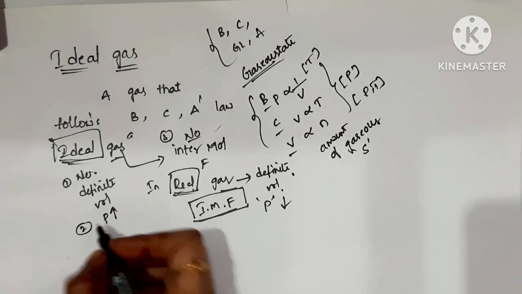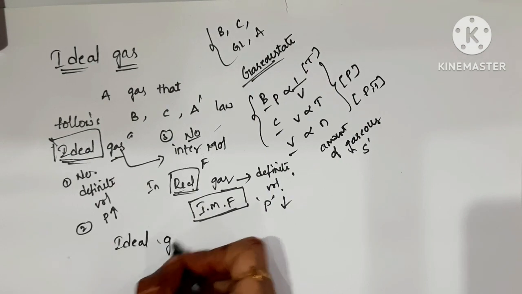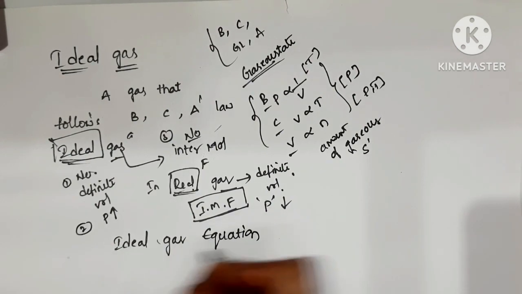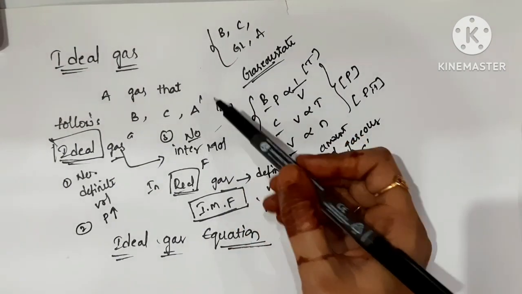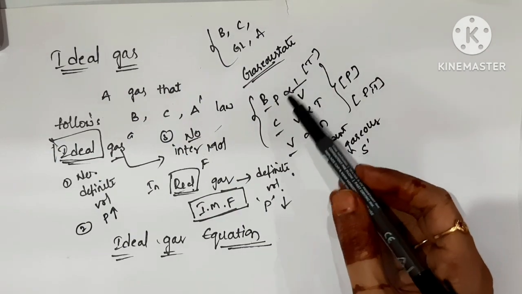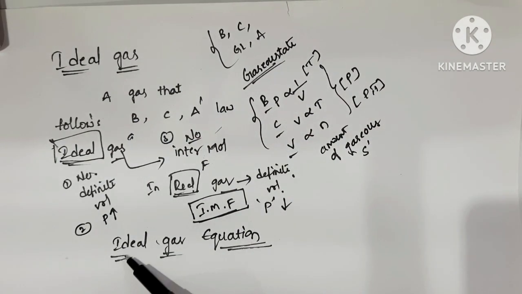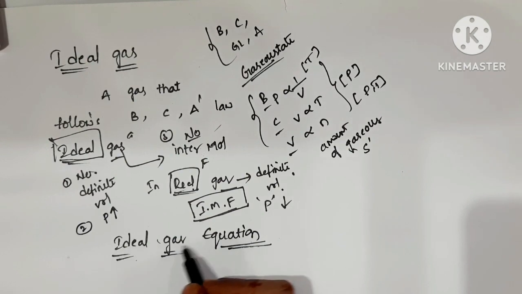Next, coming to the ideal gas equation. A gas that obeys all these laws, Boyle's, Charles' and Avogadro's laws, is an ideal gas. So, the mathematical equation for this ideal gas is as follows.